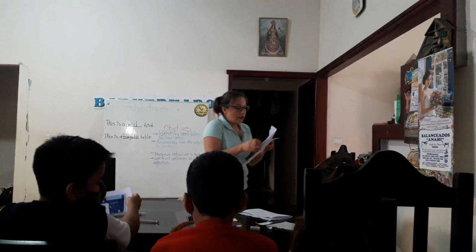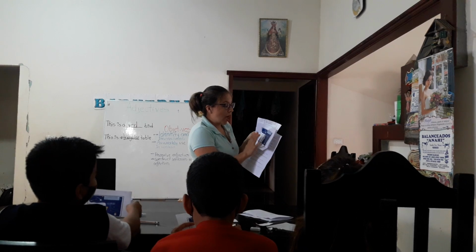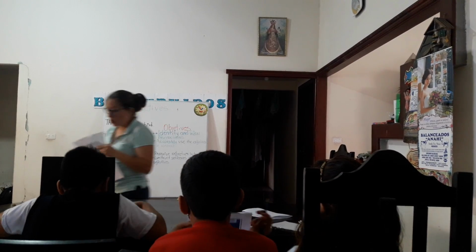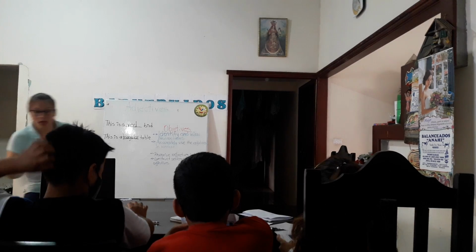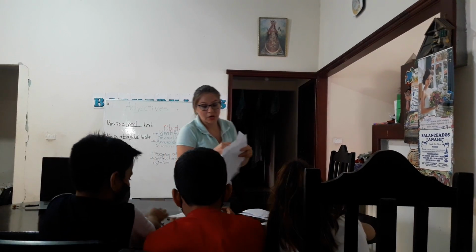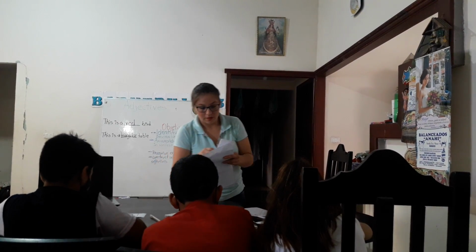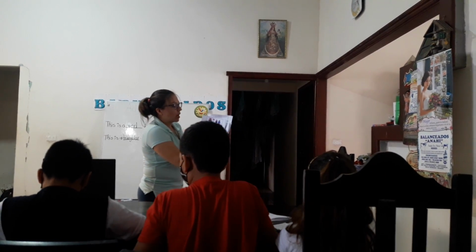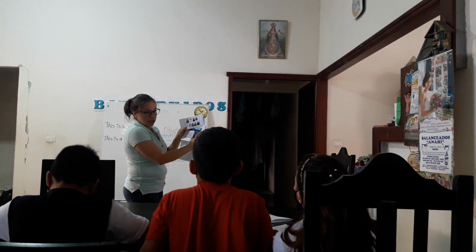In this reading, we have some vocabulary, and I'm going to give you the vocabulary that we are going to describe. Here we have the vocabulary that we have in this reading. Okay?